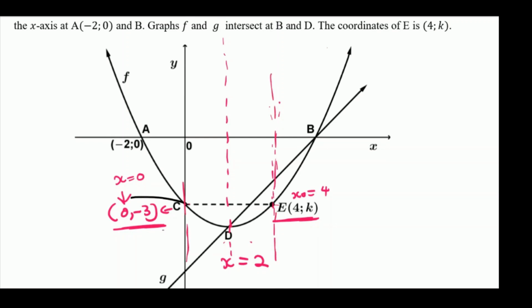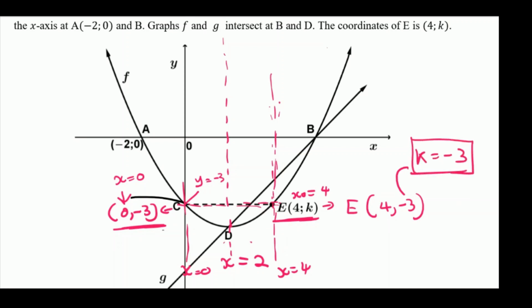So only the x values are changing. x was 0 here, and now x is 4 here. But the y values remain the same. Here, the y value was -3, and it will remain. So the coordinate of E will be (4, -3), meaning that our k value is equal to -3. So that is how we find k being equal to -3.